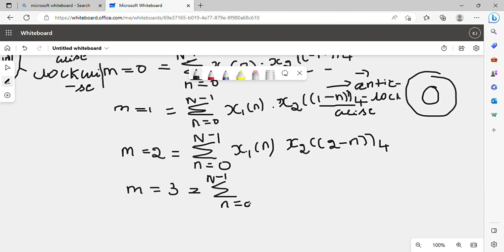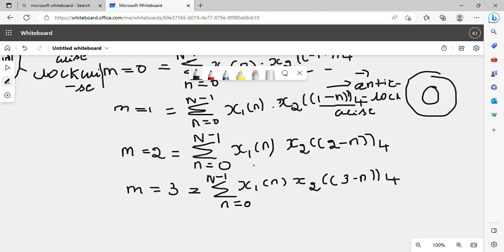The same thing you are going to write, that is x1 of n into x2 of 3 minus n of 4, right? This is the same.